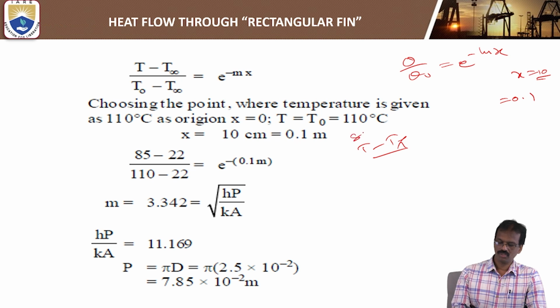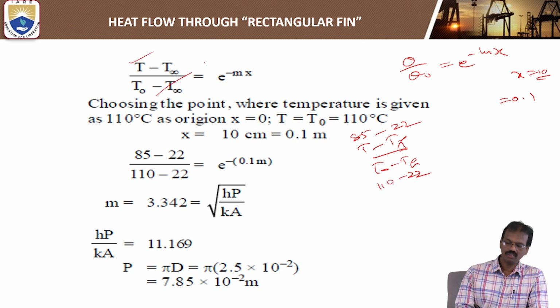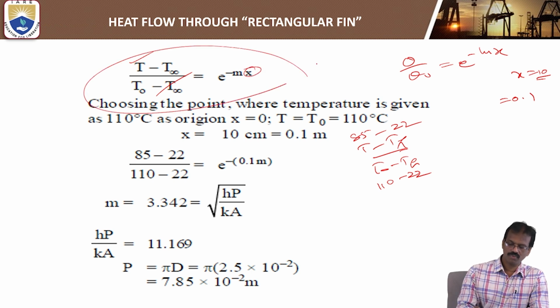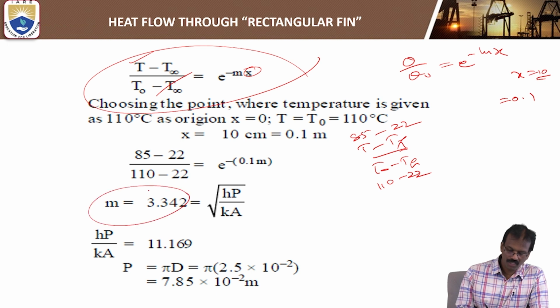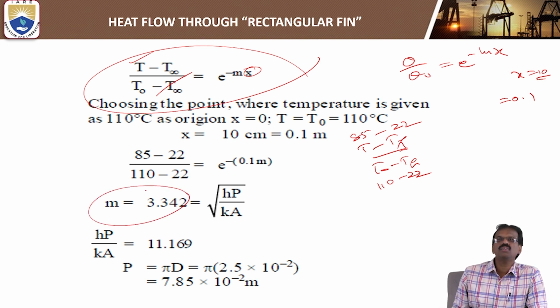One temperature is equal to 85. T infinity, ambient temperature, is equal to 22. And T naught minus T infinity: the base temperature is equal to 110 minus 22. So all the temperatures are given. You can take e to the power of minus m into x, x value also given. So using this formula, you can find out the m value. That m value is equal to 3.34.